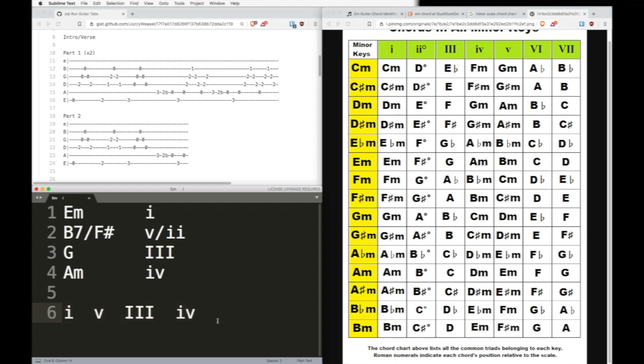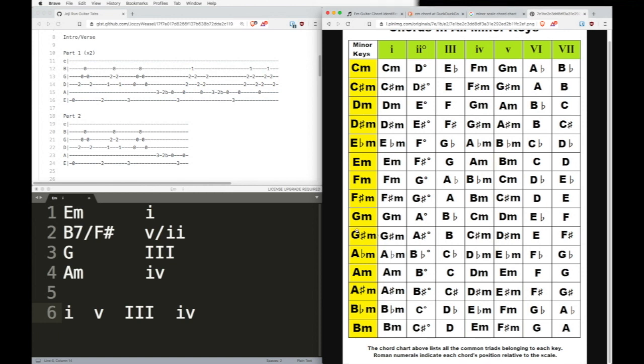So if you're trying to make a hit song in a minor key, you can basically just look up this chart, and for whatever key you're in, you can choose it and then play these same Roman numerals, and then you'll have a song that has the same vibe, basically.